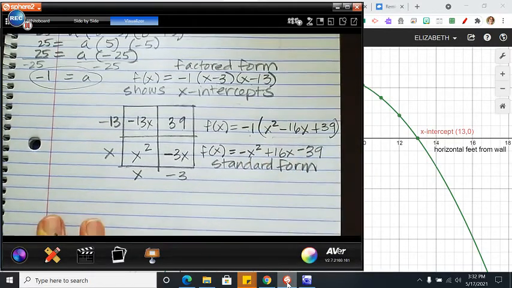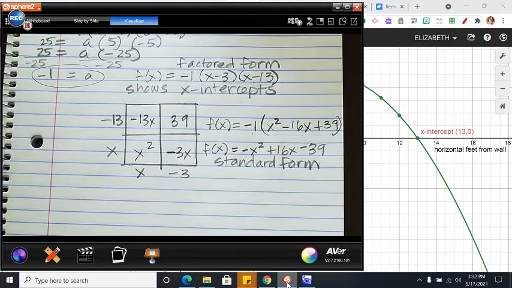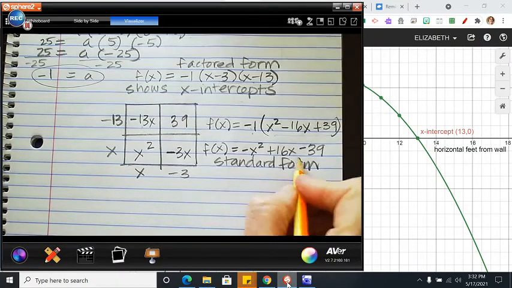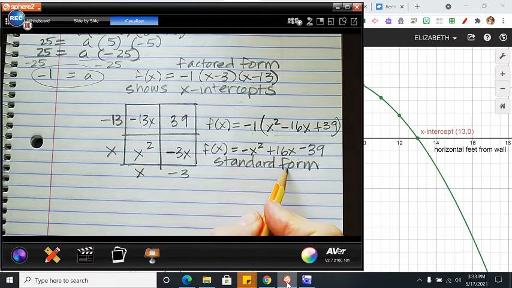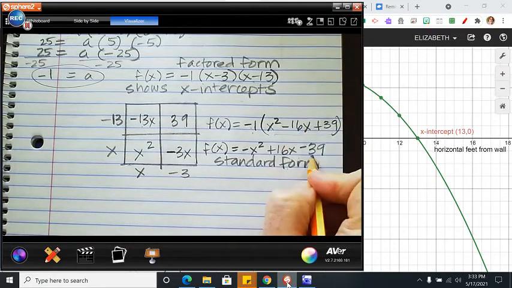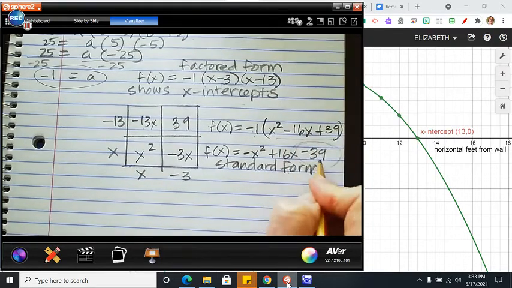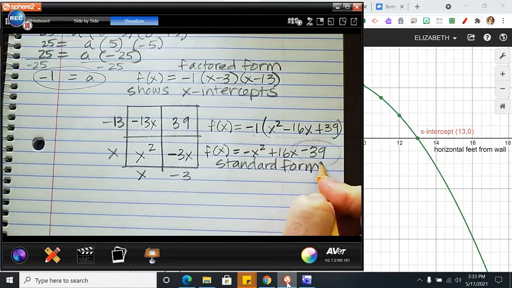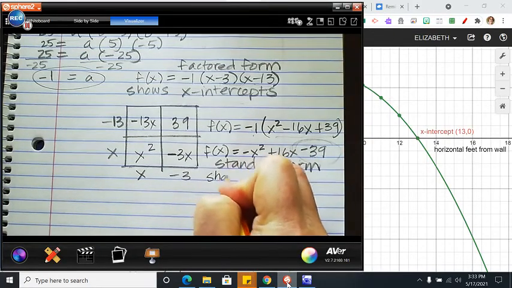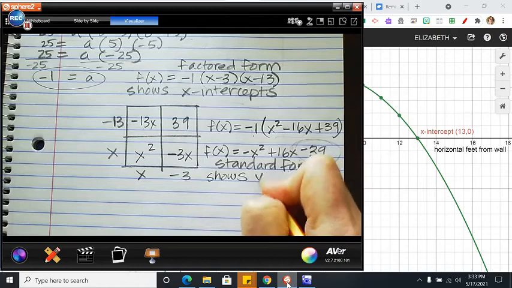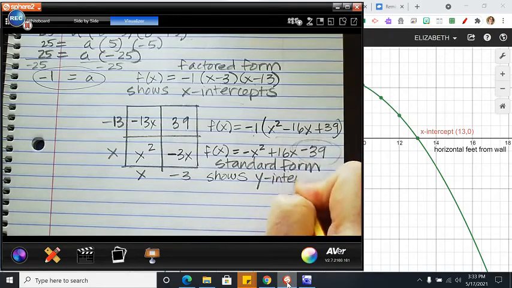So you do have to do some work in your notebook, and you're going to need to send me the link for Desmos, and you're going to need to send me all of this because I can't see how you would type all this in Illuminate. Okay, the other form that we're going to use, standard form shows, isn't this our y-intercept? So standard form shows the y-intercept.